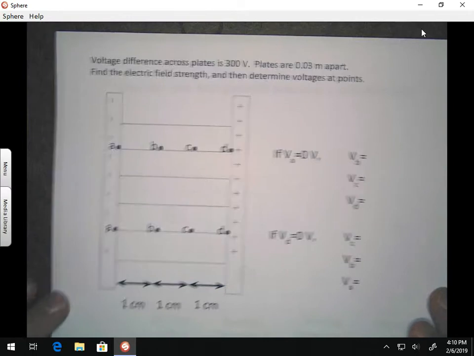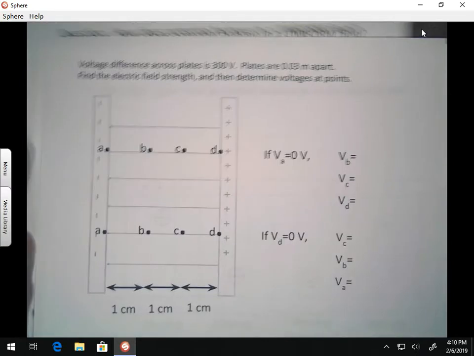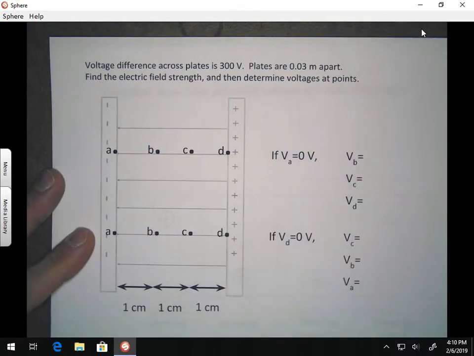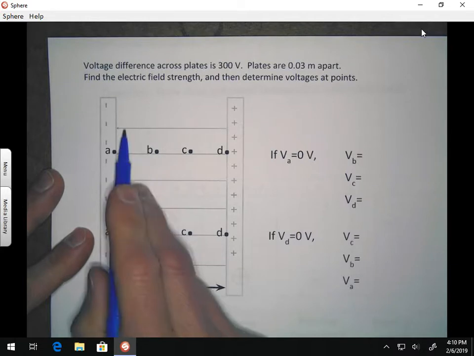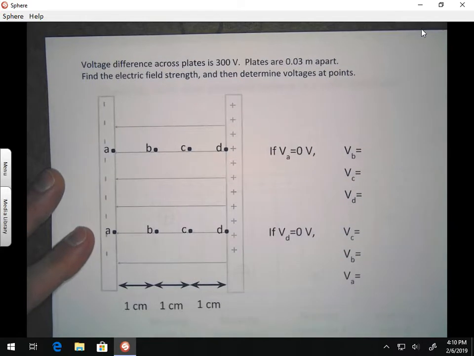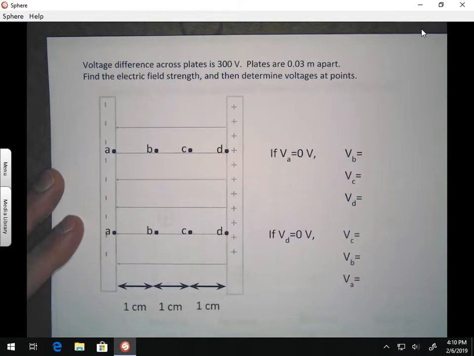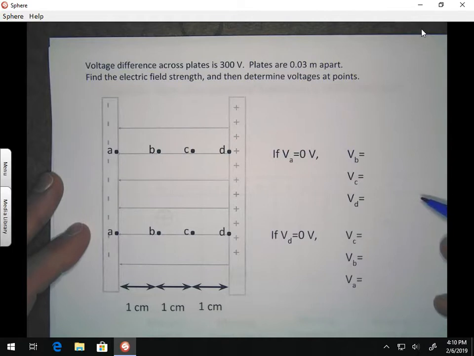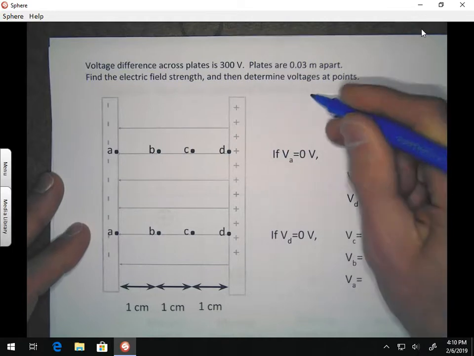All right, so on the flip side here, just a couple of quick examples of how you can use this. Let's say that you've got a voltage difference of 300 volts, and these plates are separated by 0.03 meters. We can go ahead and find the electric field strength and determine voltages at different points. So the first thing we'll do is find the field.